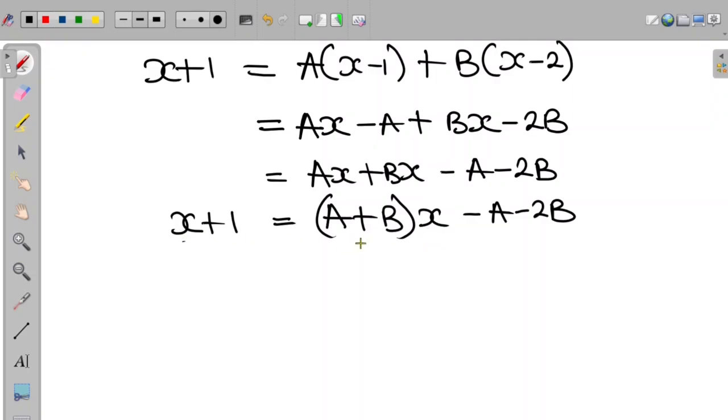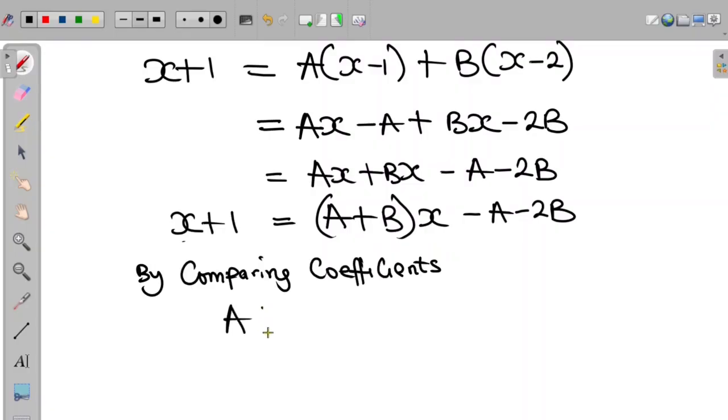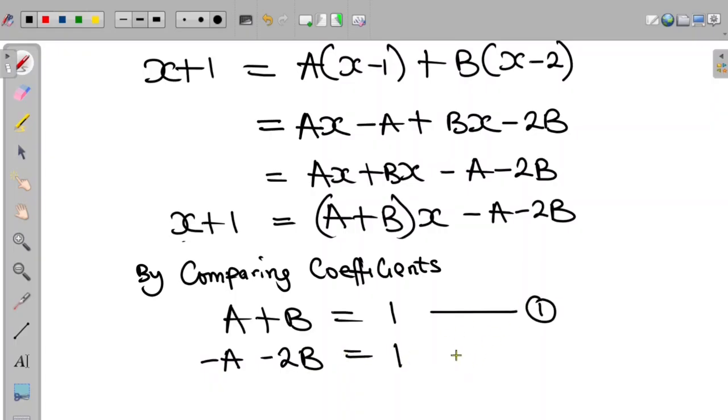At the right-hand side, we have a coefficient of x, which is A + B. So we have A + B equal to 1. And also, minus A minus 2B equal to 1. Let's call the first equation 1 and the second equation 2.